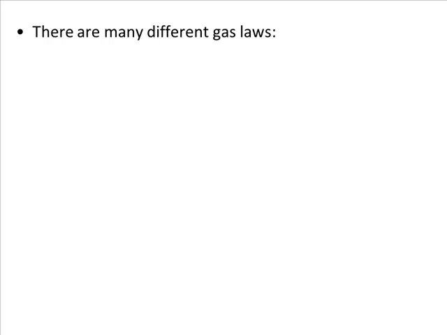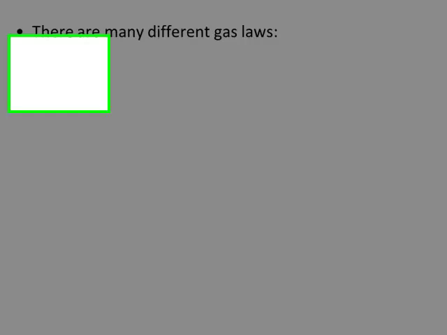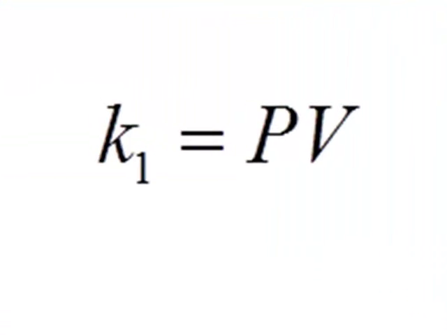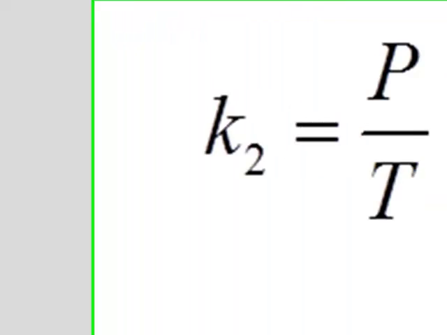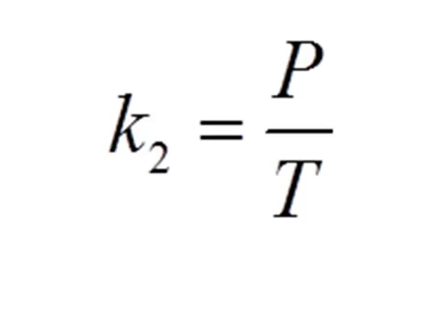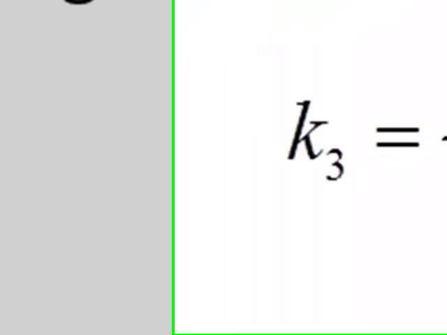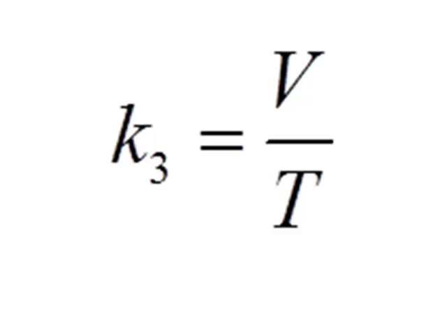Well, that's the tricky part about these three gas laws. They only relate two variables at a time. This is one of the reasons there's so many gas laws. We've just seen the examples of Boyle's law, the relationship between pressure and volume, Gay-Lussac's law, the relationship between pressure and temperature, and also Charles' law, the relationship between volume and temperature.